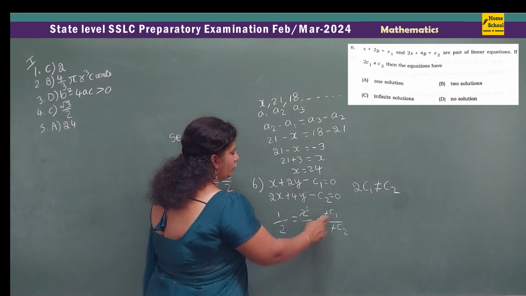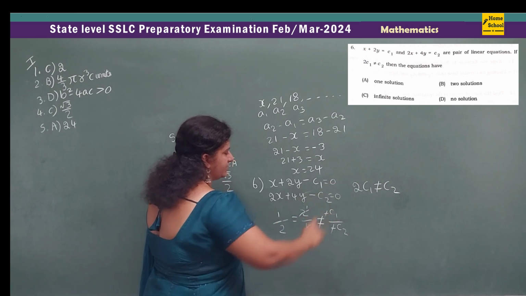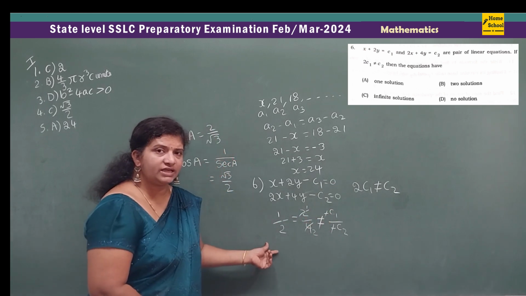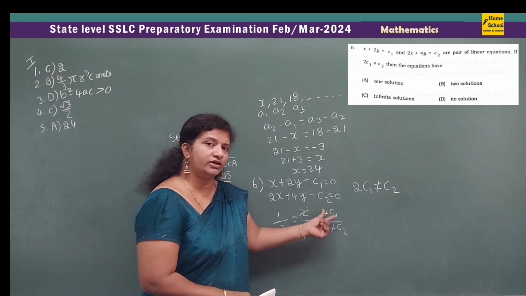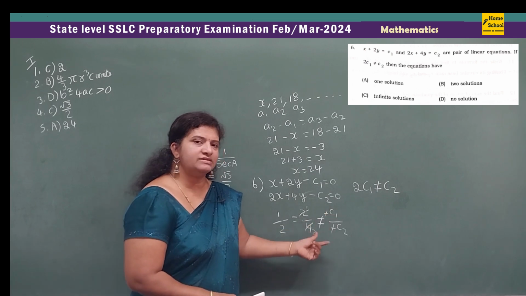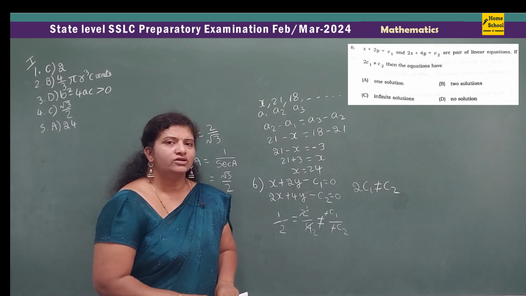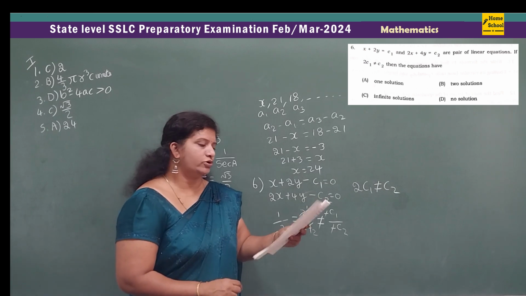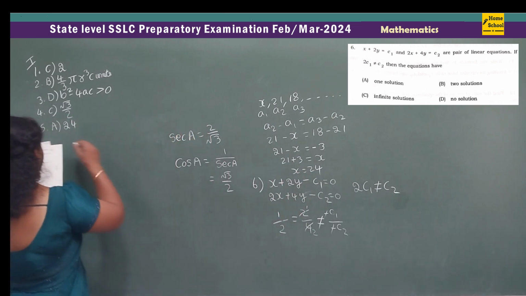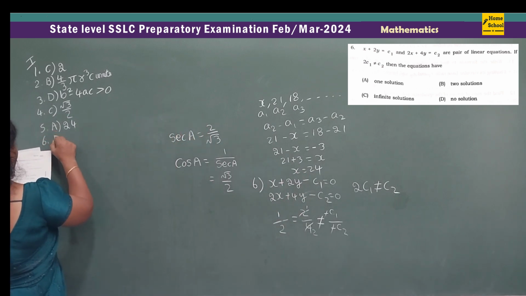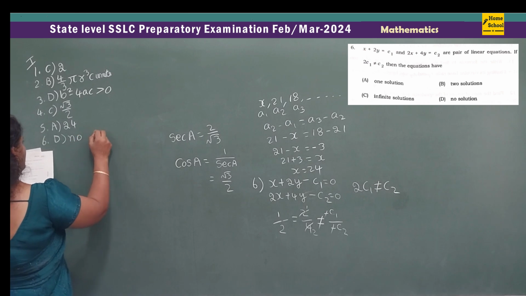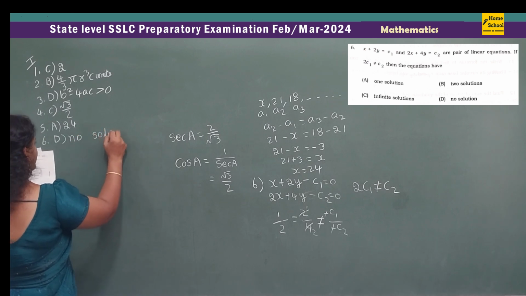Now again check, 2C1 is not equal to C2. A1 by A2 is equal to B1 by B2 is not equal to C1 by C2. That means the lines are parallel and they don't have any solution. So what's your option? No solution. Option D, no solution.